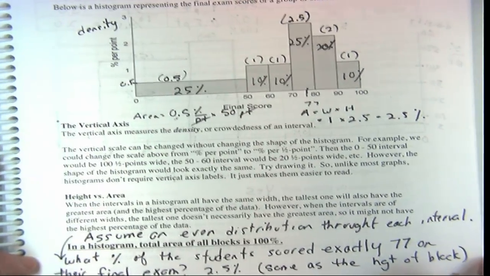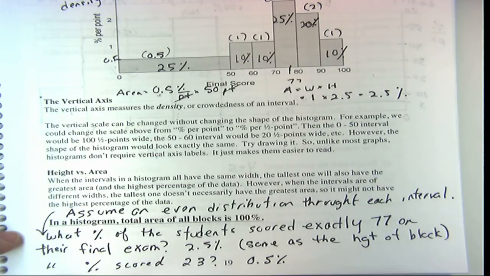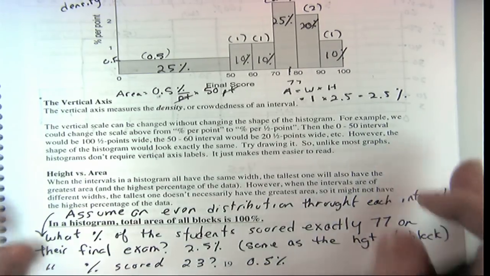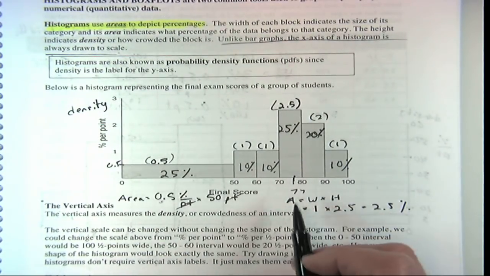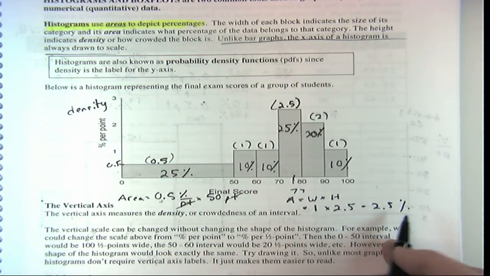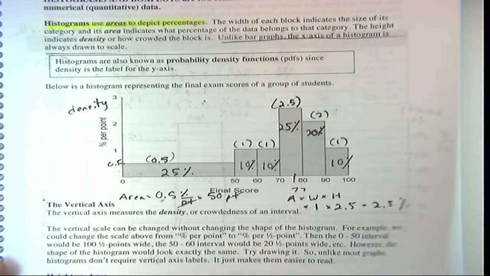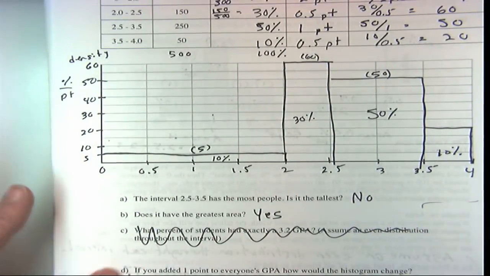Okay. Does that make sense to everybody? So if I said what percent scored 77 or 78, then it would be 2.5 plus 2.5, 2.5 for each of them. Okay? And this one's too confusing. All right, so let's just forget that one.